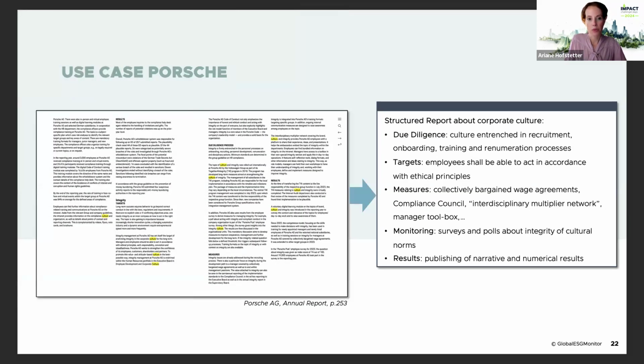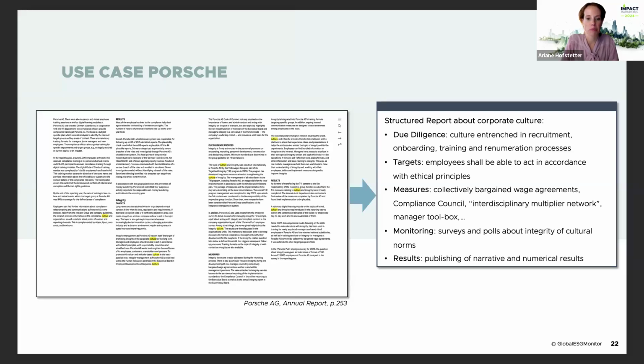And this brings me to our first use case, which is Porsche. We chose this use case because it contains information of how corporate culture has been operationalized by the company. Porsche has chosen an integrity approach here and combines this integrity approach with a clear communicated due diligence approach.